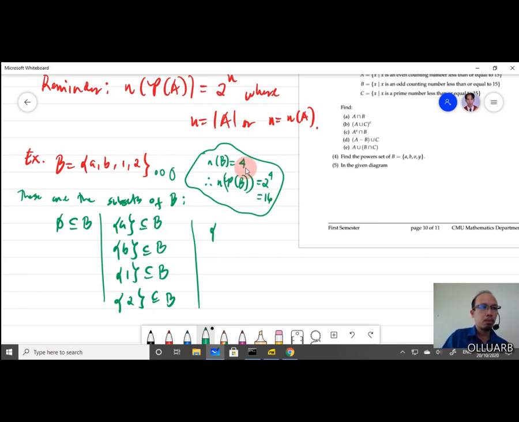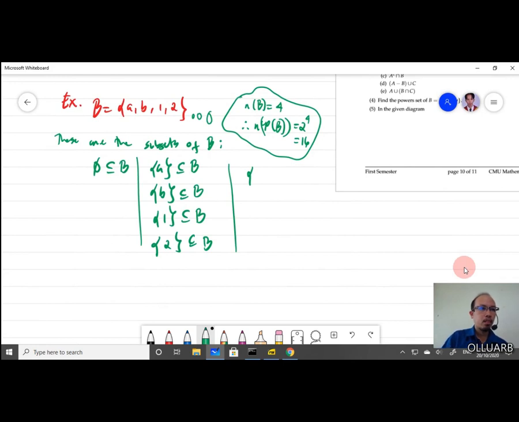So what you will do here is like this. This is the easiest way to get the subsets of the set B.